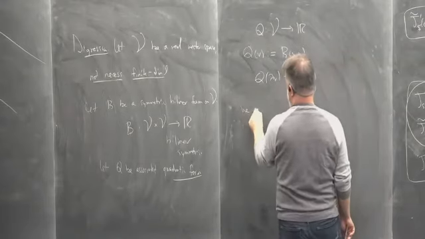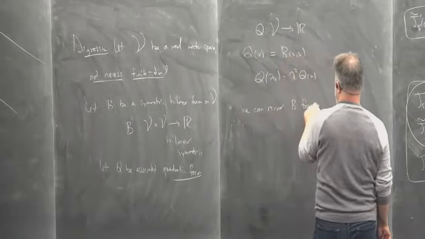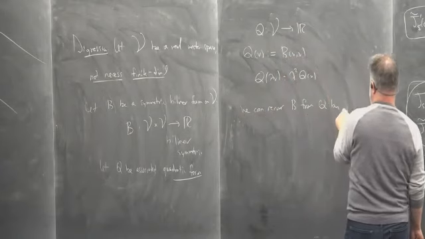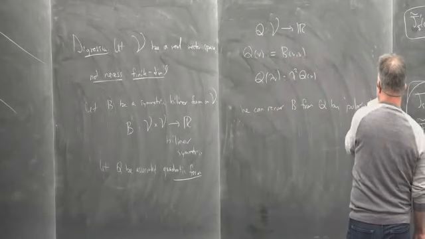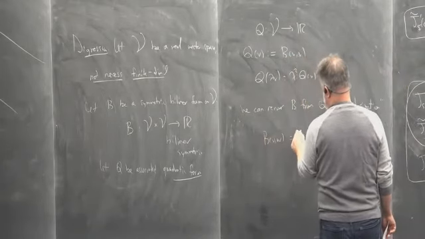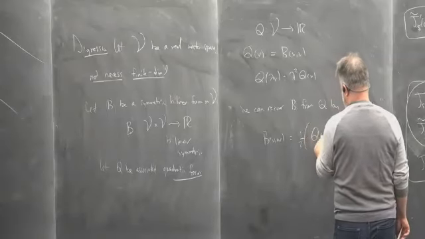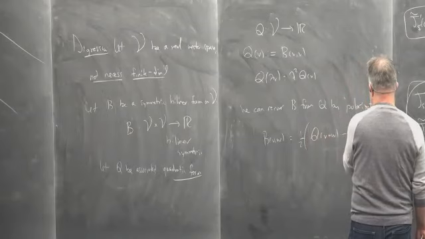And we can recover B from Q by what's called polarization. Because we're on a field where the characteristic is not equal to 2, you can check that B of v, w is 1/2 times Q of v plus w minus Q of v minus Q of w.